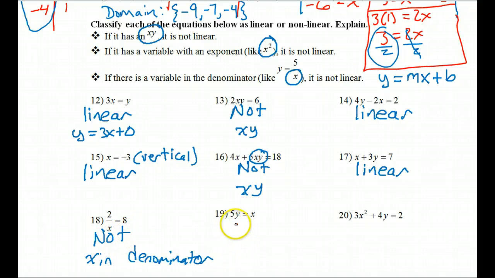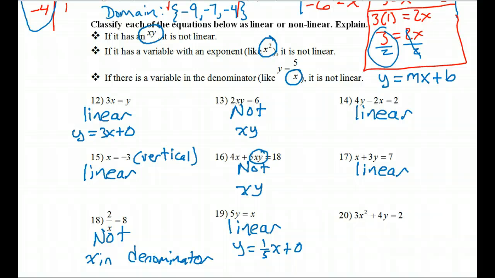What about number 19? Linear or not linear? That one is linear. If I divided both sides by 5, I could write this as y equals 1/5 x plus 0, no problem. That is linear.